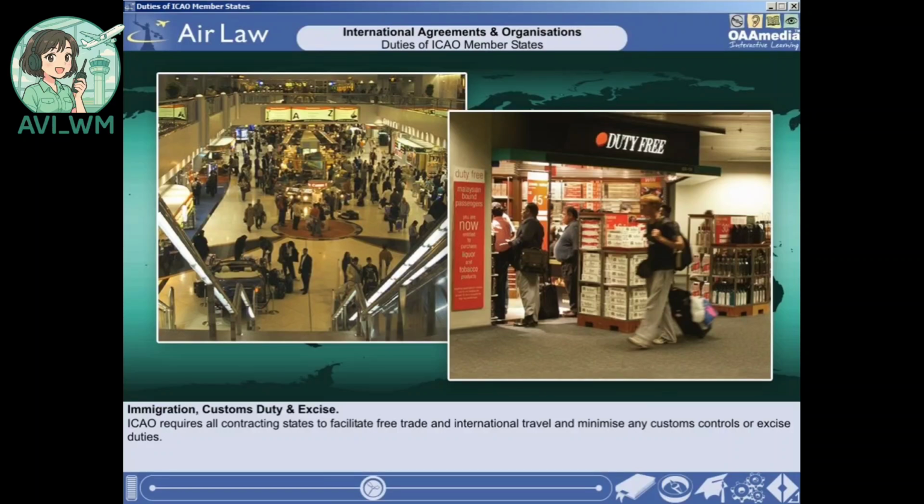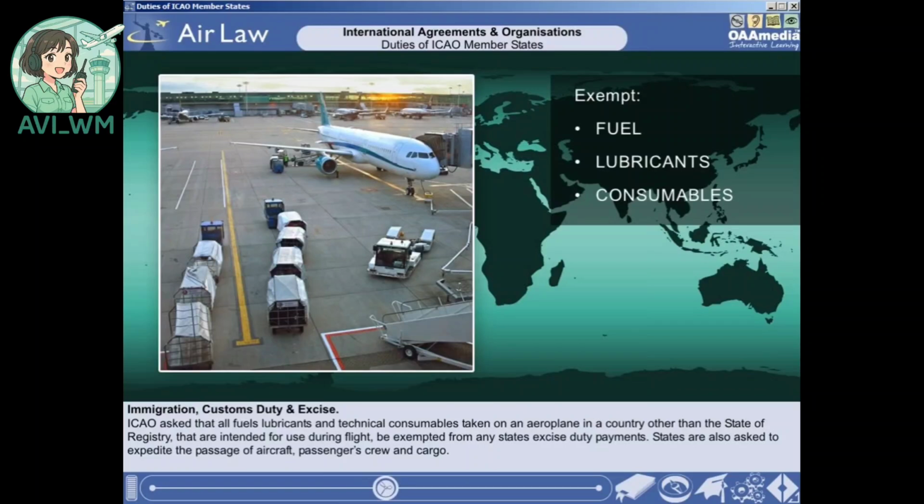But the ICAO has laid down some governing principles that contracting states should adopt when establishing international airports. These measures are designed to help expedite and encourage civil aviation. The ICAO has extensively studied the issues surrounding taxation and requires contracting states to follow its recommendations.